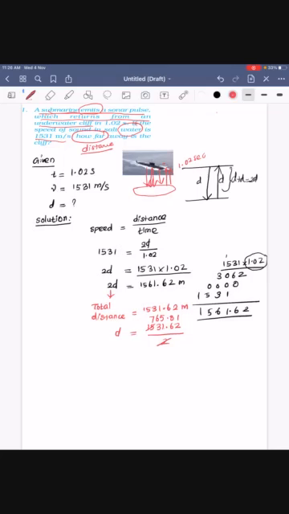So 765.81. Again you have to check. So the distance will be 765.81 meters. Okay, so this is the answer, students.